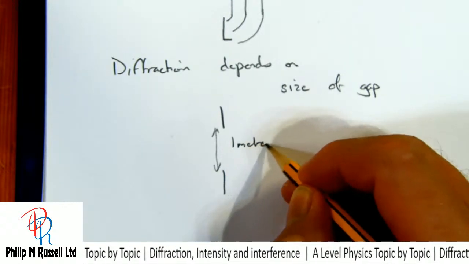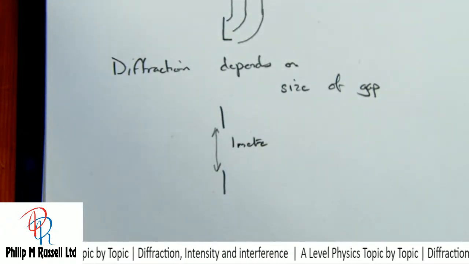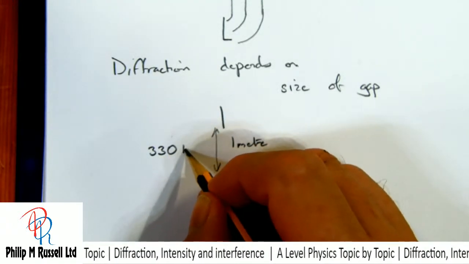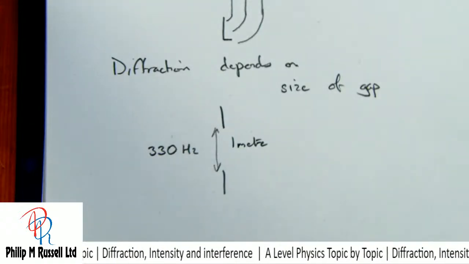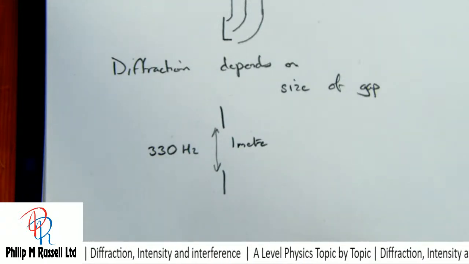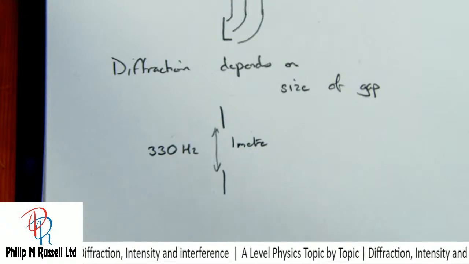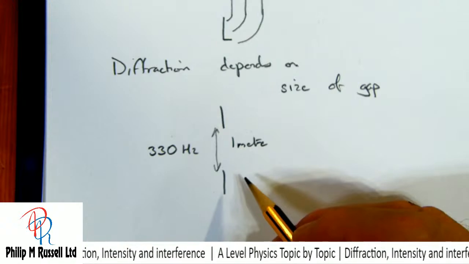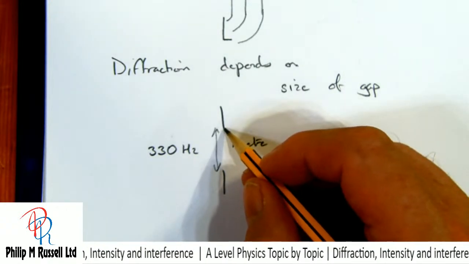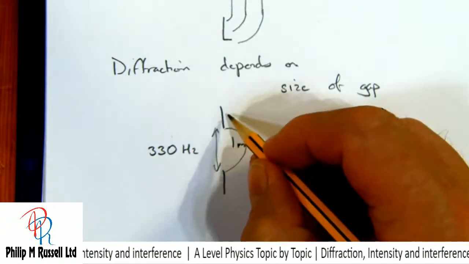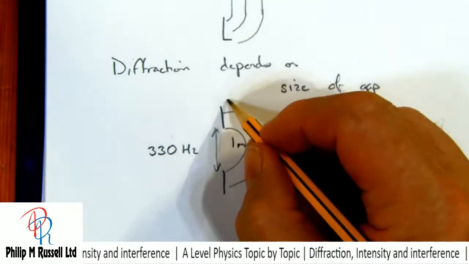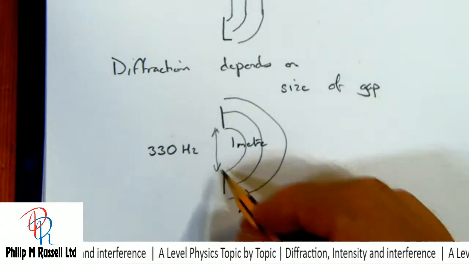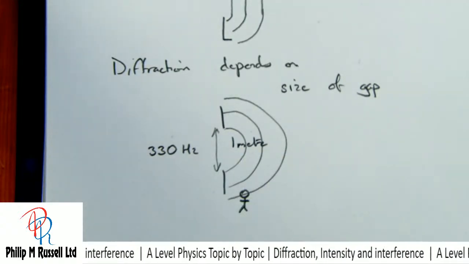If the door is 1 metre wide, and let's suppose we've got a frequency of someone talking to you, let's say about 330 Hertz, which is about the typical average speech frequency for humans, this means the conversation in a room can be heard in a corridor outside, because the wave here is going to spread out, so that if someone is here, they can hear the conversation really quite well.